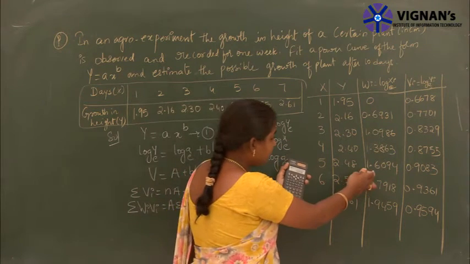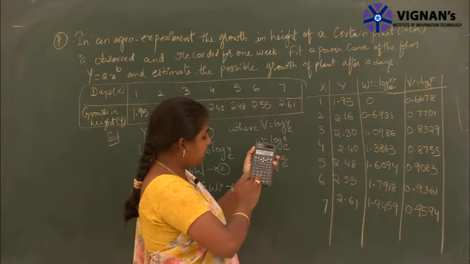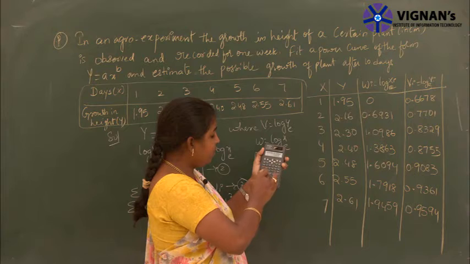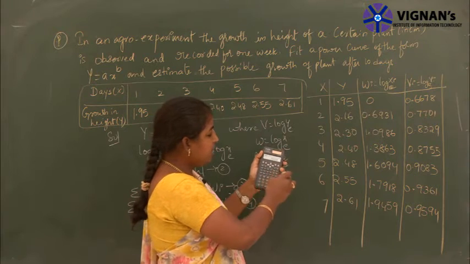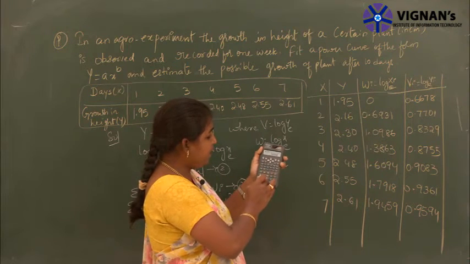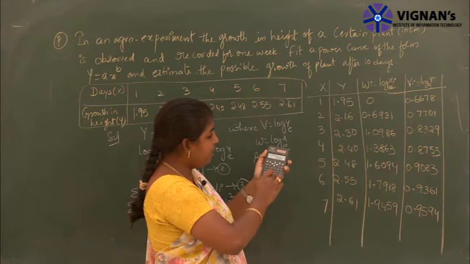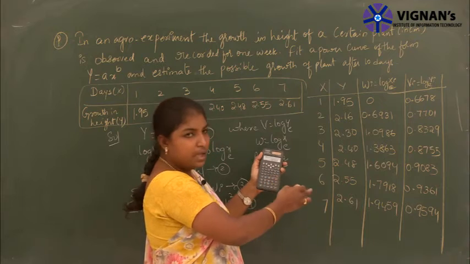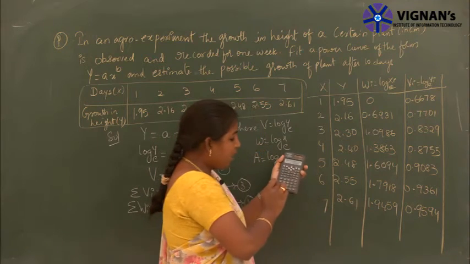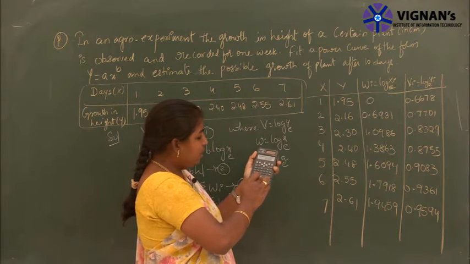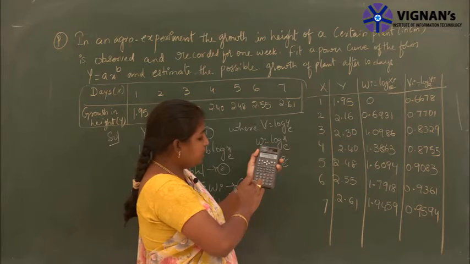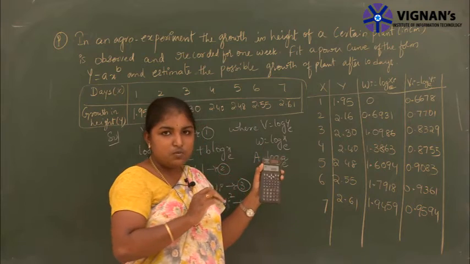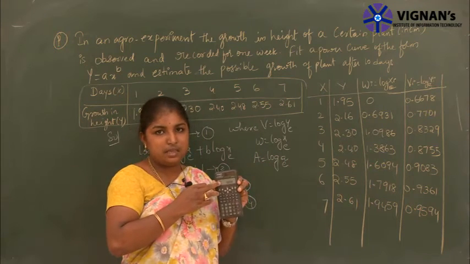Next 1.6094, 0.9083, M plus. Next 1.7918, 0.9361, M plus. And the last value 1.9459, 0.9594, M plus. So we have a total of n equals 7 values.